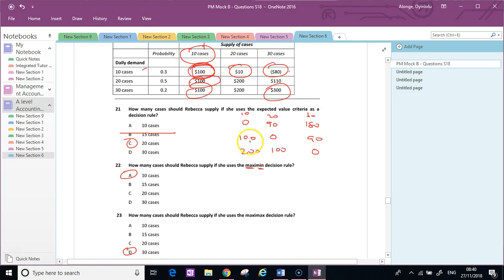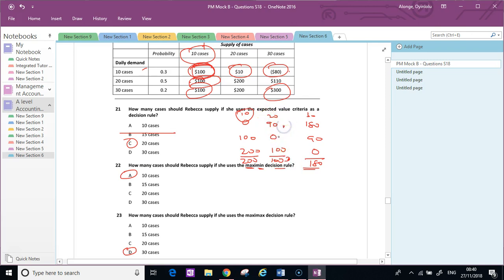So the question here is, what is the worst regret? The worst regret in this case is 200. If you supply 10, the worst regret here is 100, and the worst regret here is 180. So we want to go with the one that has the least regret. We don't want regret. This is the one with the lowest.